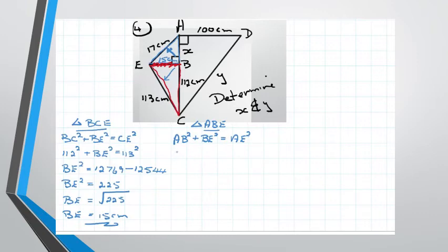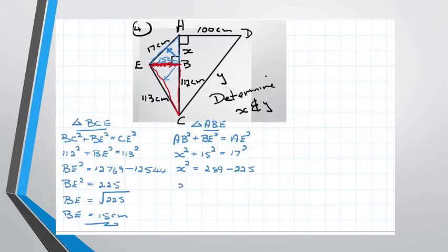Substitute. AB is x, which I would like to determine for this triangle. BE, previously determined, 15 square equals AE 17 square. Therefore x squared I would like to find for now. 17 squared on the right is 289 minus the 15 squared on the left, minus 15 squared on the right, minus 225 in other words.